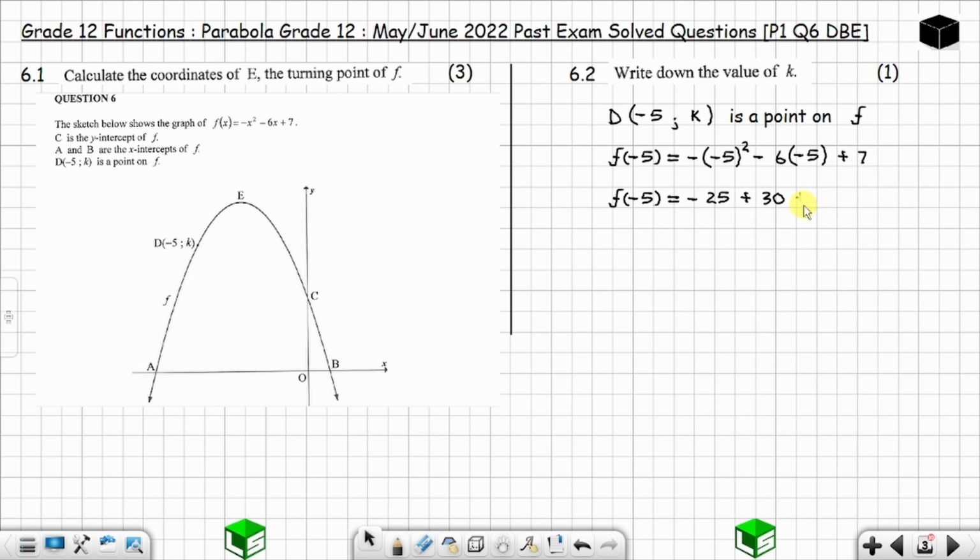And then plus 7. And so f of negative 5 is k, right? This is your y coordinate. So I can say k is equal to 30 minus 25, which is 5, and then 5 plus 7, which is 12. So the value of k is equal to 12.